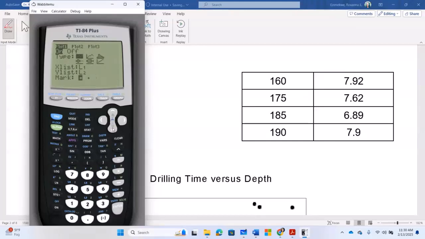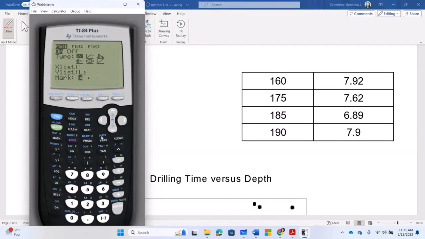and make sure I tell my calculator that my data is in L3 and L4. Sorry about that. L3 and L4. I can't forget that. So second L3, second L4. Because if I don't, it will just graph what is in L1 and L2.